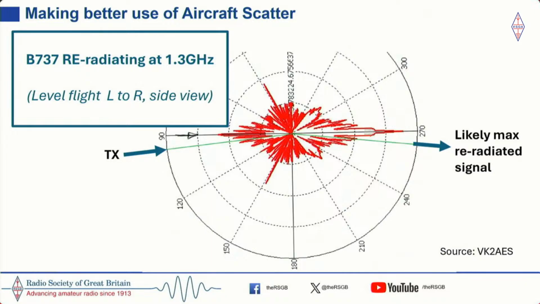The likeliest direction to be getting a re-radiated signal back down to Earth is not going to be off this main lobe, despite the fact that it's bigger, but probably off these first 2 or 3 major side lobes. Those are the ones that are fat enough to deliver some usable signal down to ground level.